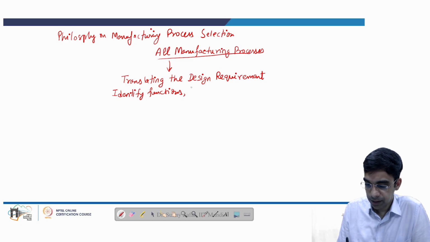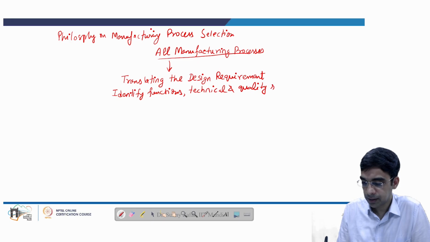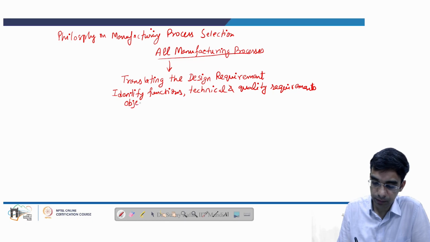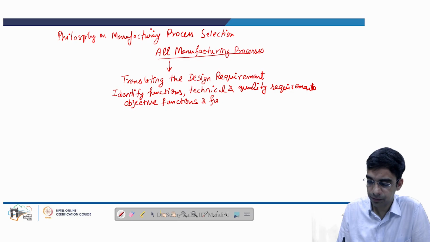We need to understand the technical and quality requirements which are decided by certain objective functions, and maybe there may be some free variables available.